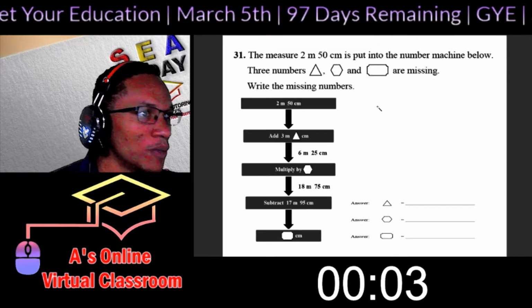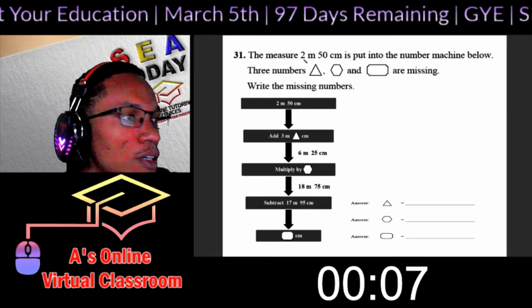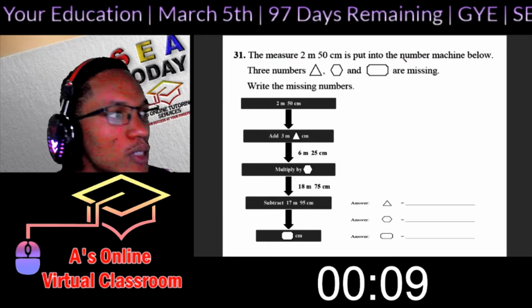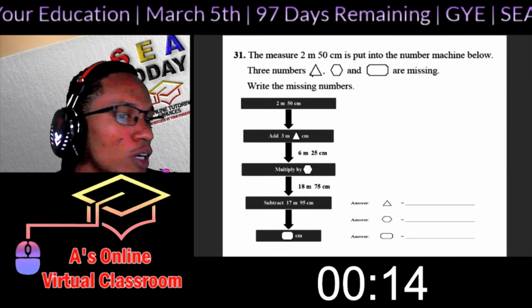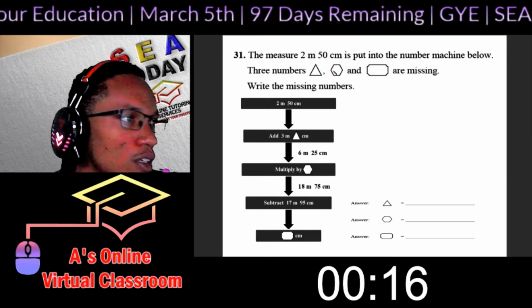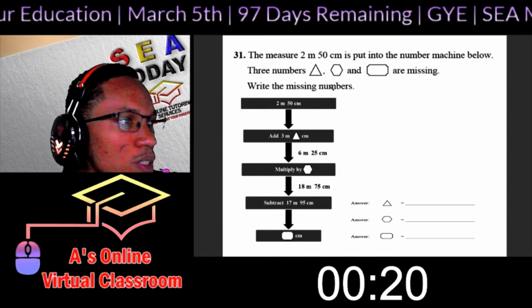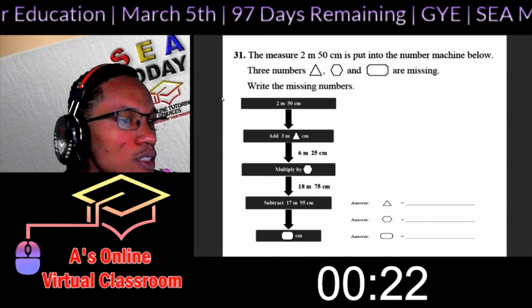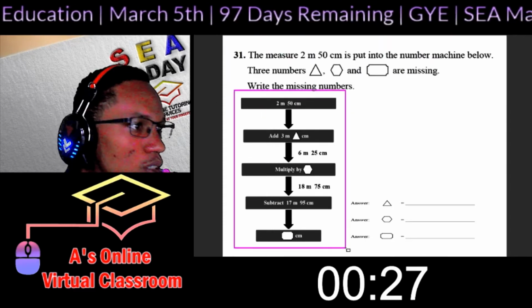Alright, number 31. The measure 2 meters 50 centimeters is put into the number machine below. 3 numbers, triangle, hexagon, and irregular shape here, are missing. Write the missing numbers. So this is a number machine, or what they're calling a number machine.